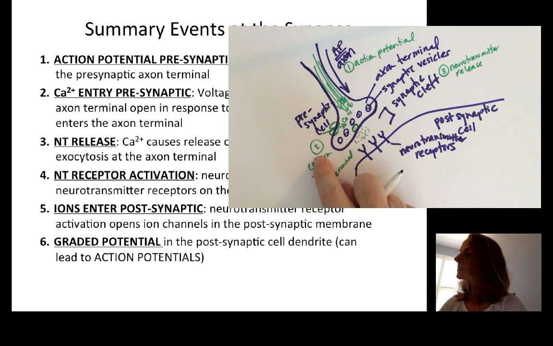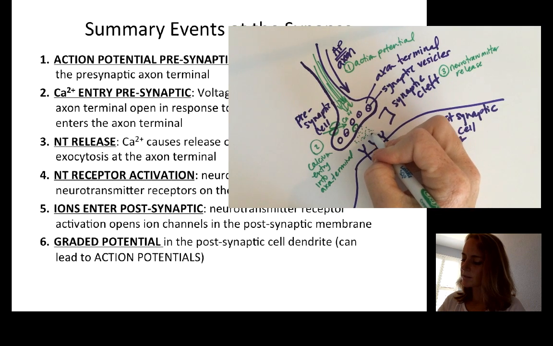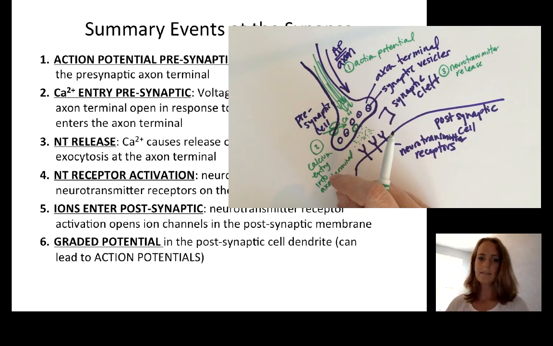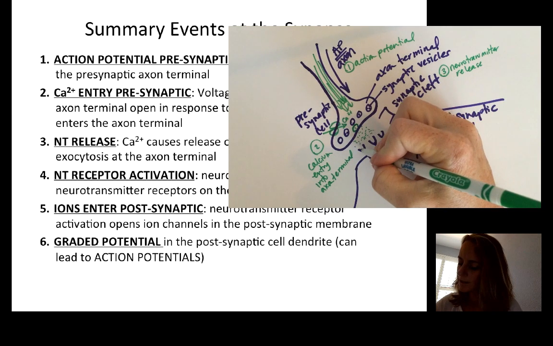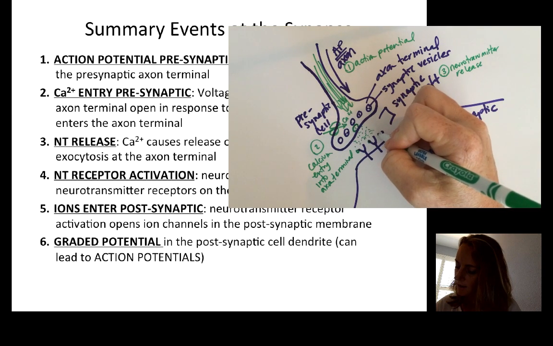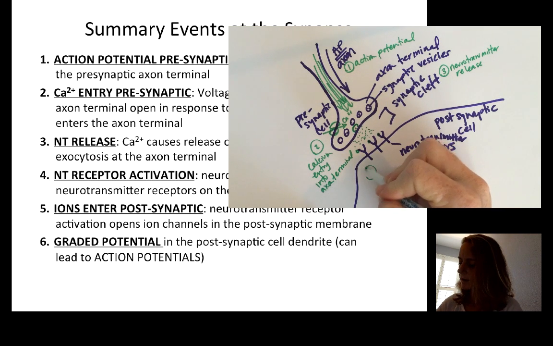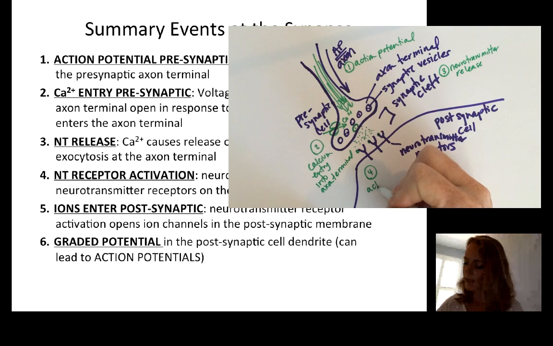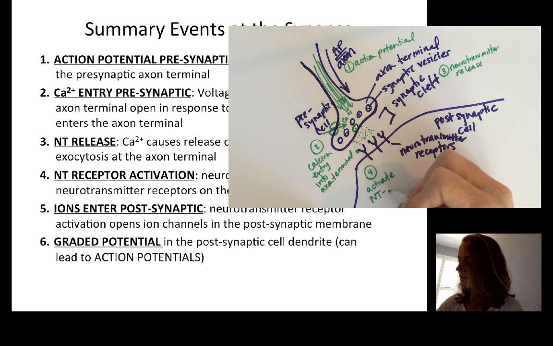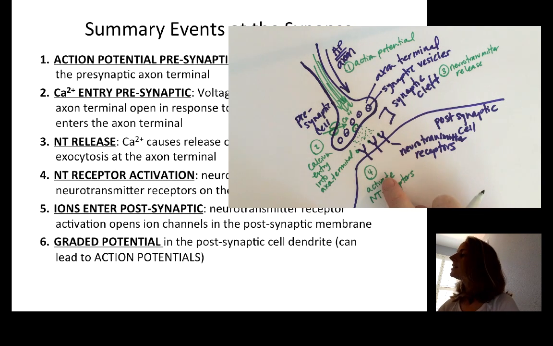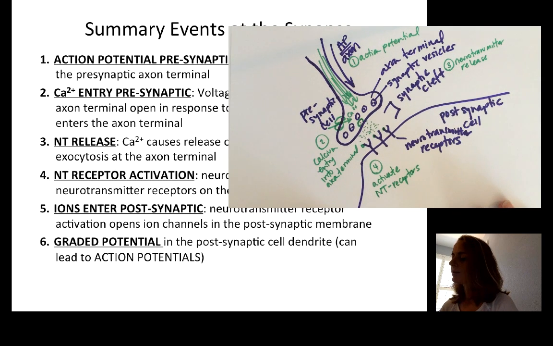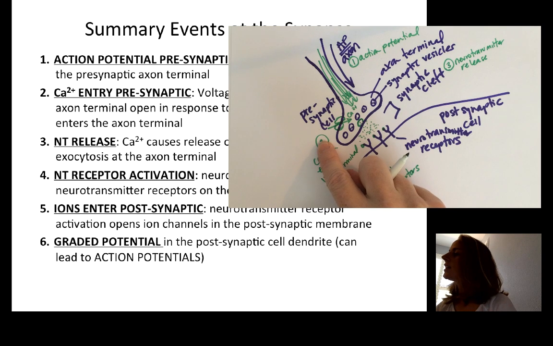Because of that calcium signal, the neurotransmitter will be released, and then step 4 is going to be the binding of the neurotransmitter and the activation of the neurotransmitter receptors. So step 4, activate NT receptors, I'm just going to abbreviate it. Again, this is a ligand-receptor interaction. So the calcium entry is voltage-gated calcium channels.